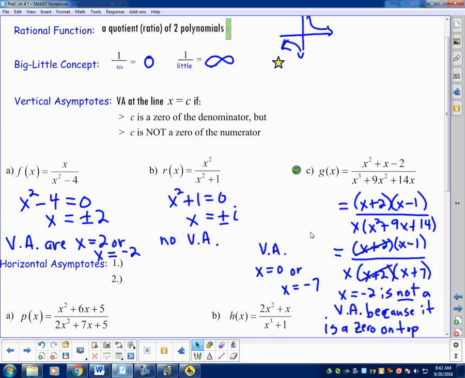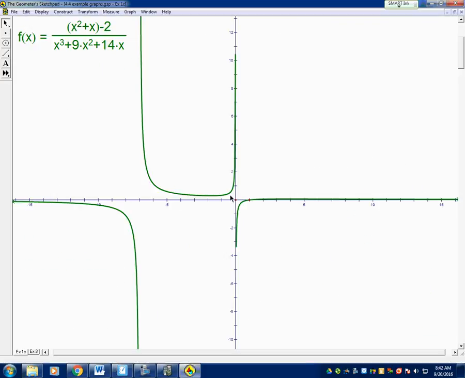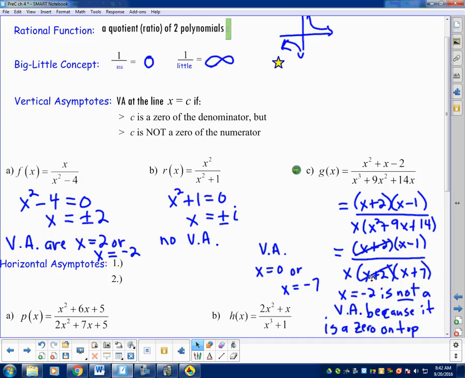So looking back at the geometry sketch pad, I'm going to show you something here. And then we'll come back to this so you can finish copying it down. So at x equals -2.